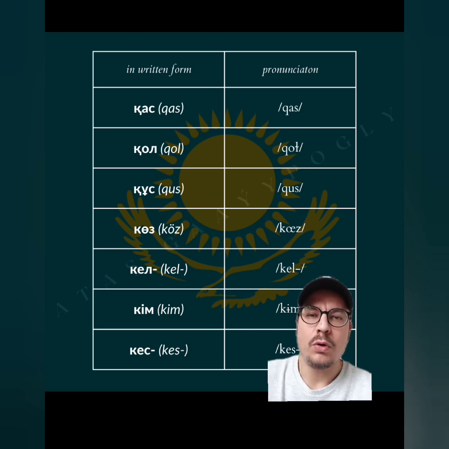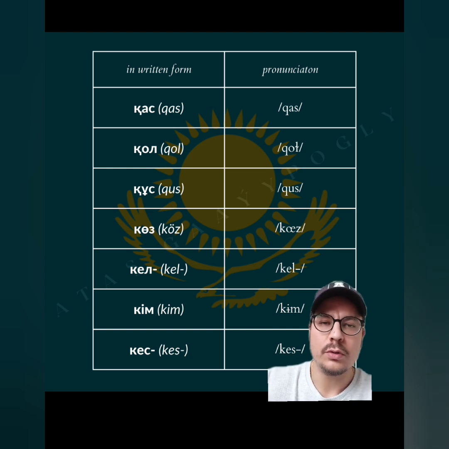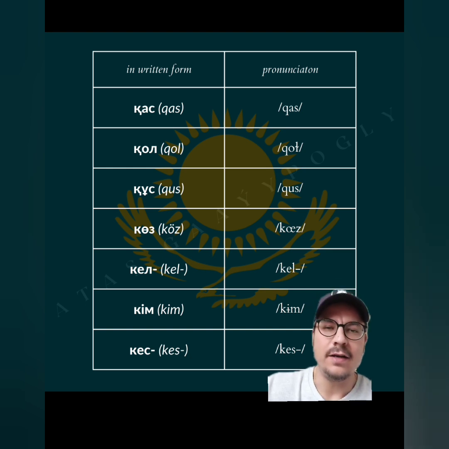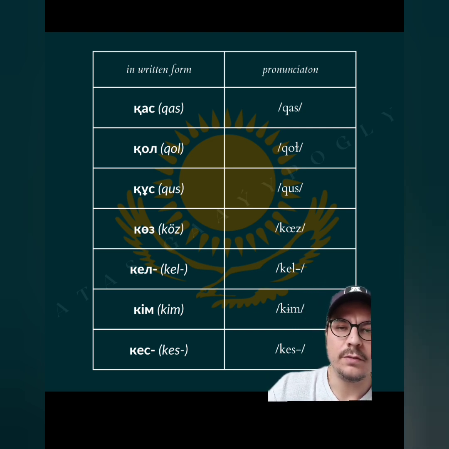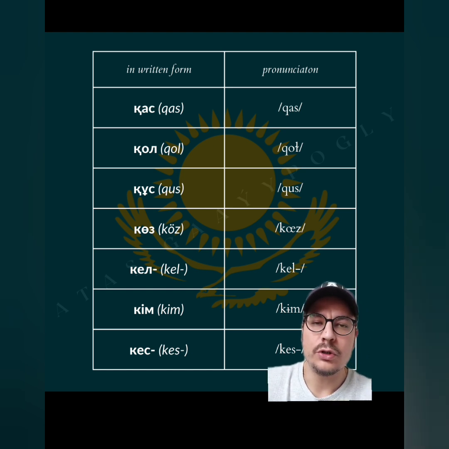Kas, kol, kus, köz, kel, kim, kes. You can see it's easy. It's not like in Turkish or Azerbaijani, K with front vowels. It's similar to Turkmen, with back vowels, K also not like in Turkish.